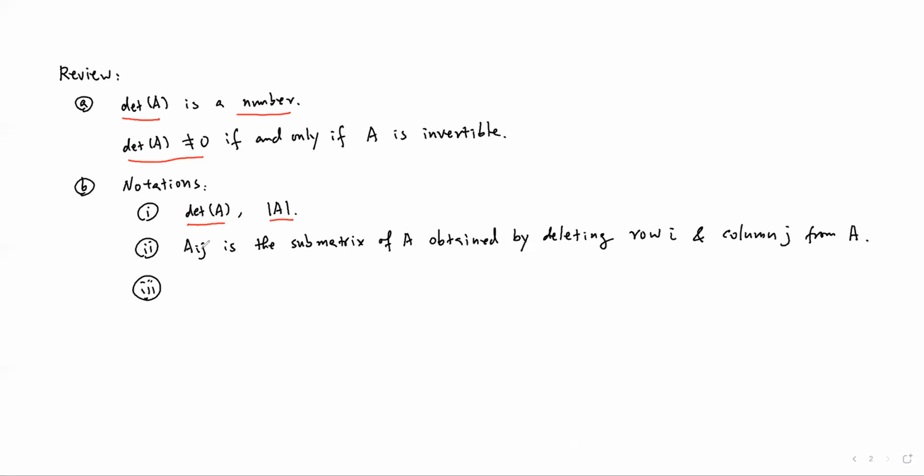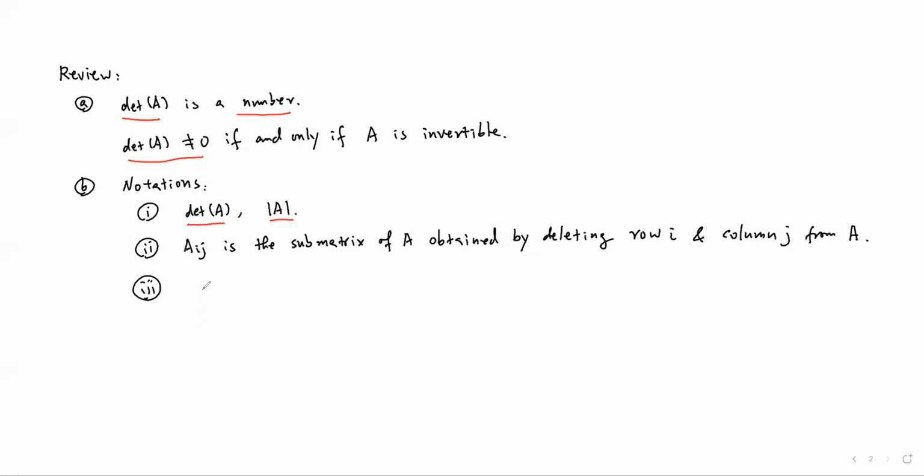This notation is the submatrix of matrix A. How to get this submatrix? Delete row i and column j from the matrix A. Then we have capital Aij.